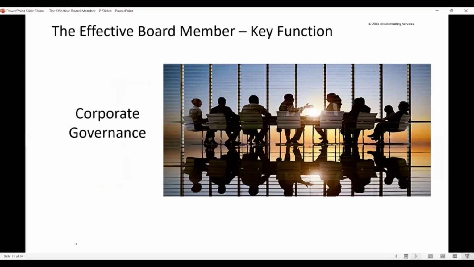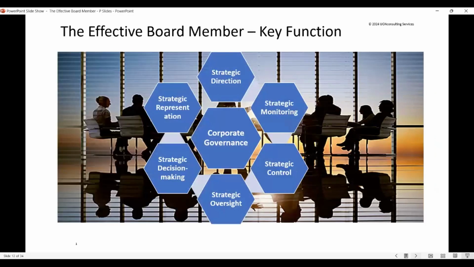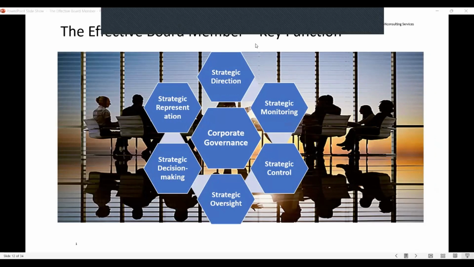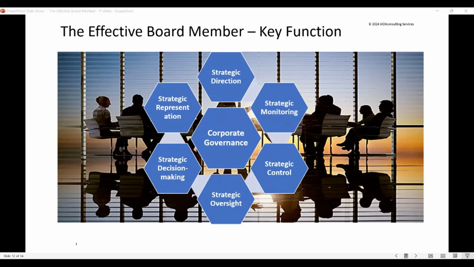By corporate governance, we mean that your duty is to provide strategic direction, strategic monitoring, strategic control, strategic oversight, strategic decision-making, and strategic representation. We're emphasizing the strategic. That shows you that the function of the board member is strategic and high level. It's not on the day-to-day issues of the organization.